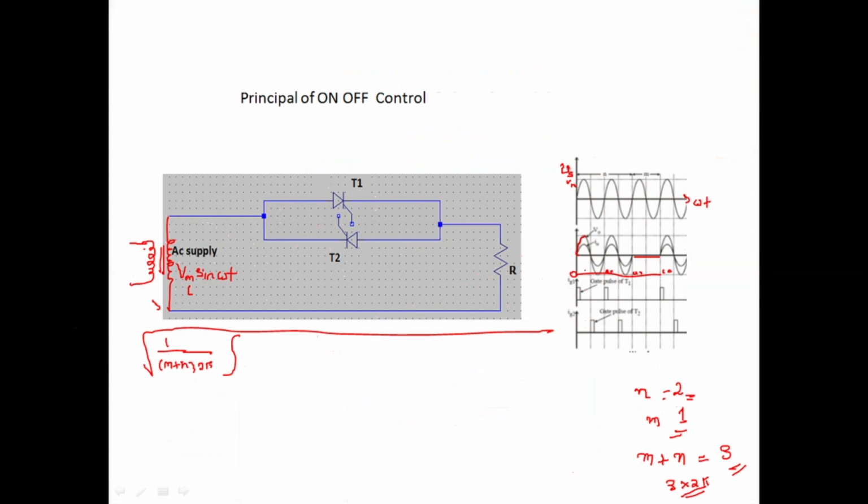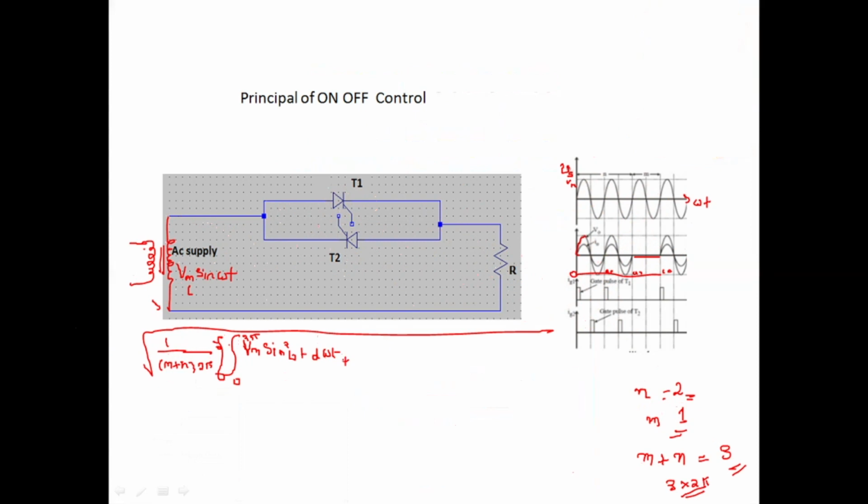the integral of the voltage squared. So this is Vm sin omega t. So Vm squared sin squared omega t d omega t. So one is from 0 to 2 pi.